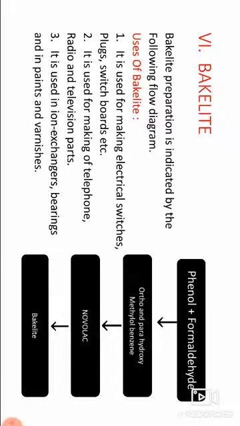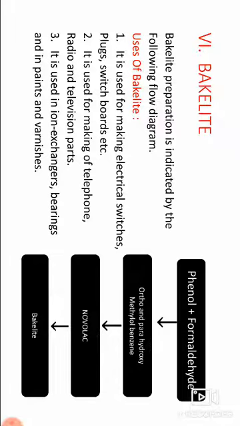These novolacs react in the presence of hexamine, hexamethylene tetraamine catalyst, to form the final product, Bakelite. This reaction was also discussed in the previous class, that is condensation polymerization.